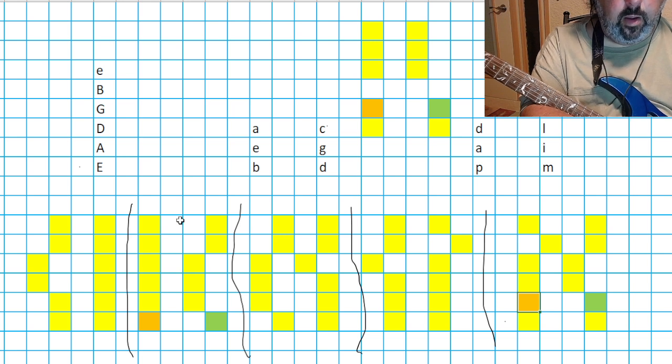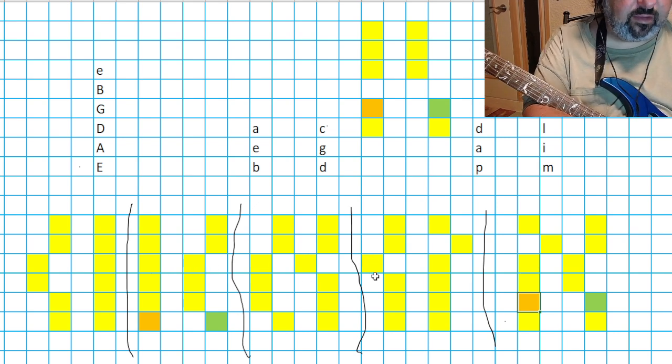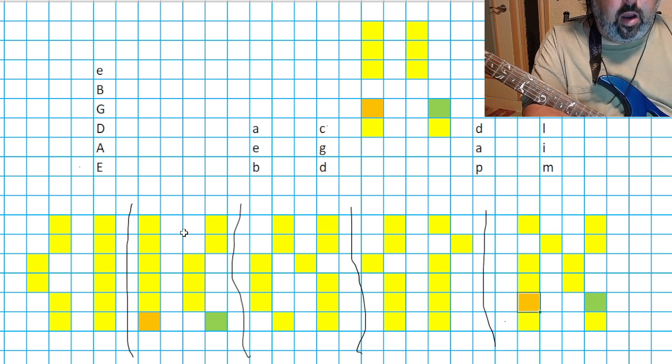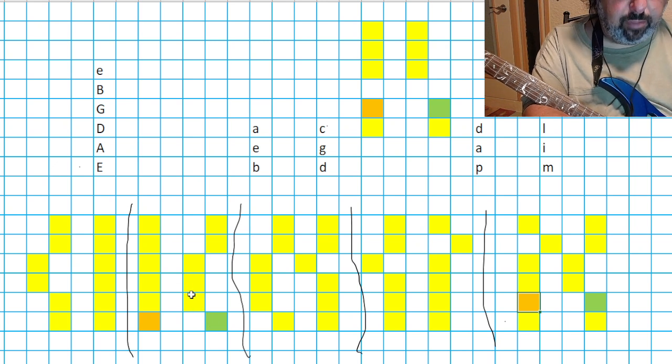Okay. Excuse me. That's probably why my box wasn't moving. But anyways, this will plug into the major scale in 3 different places, these 3 exact places.